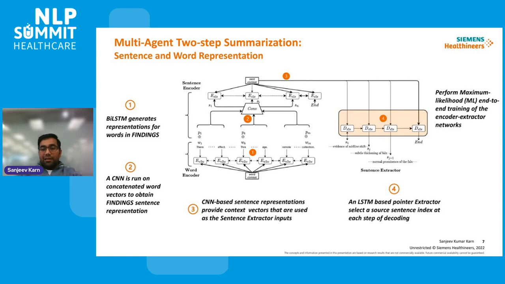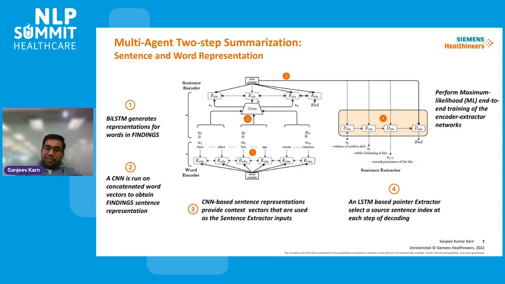At the end it also has a dummy symbol, which, if selected, indicates that the decoder is done with the selection of sentences. And these salient sentences that the decoder selects are eventually passed into another encoder decoder setup, that is the abstractor.